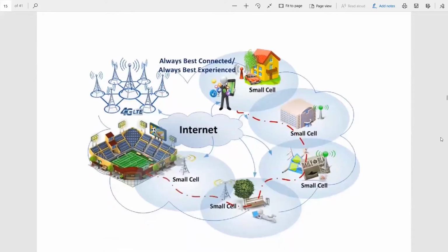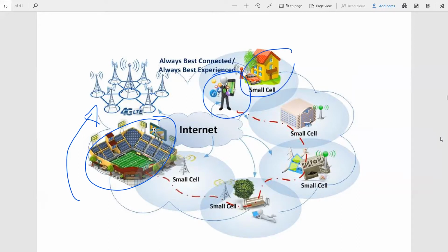Here's an example. You could be at a football game or a soccer game using your cell phone. You could be connected to a cellular network. You could be walking around with your cell phone. You could be at your home. You could be anywhere. But every one of these connections is made possible by a sine wave.